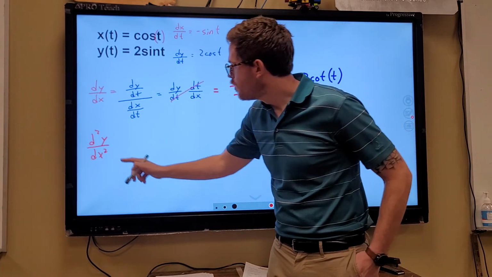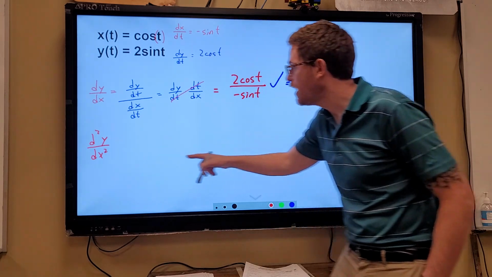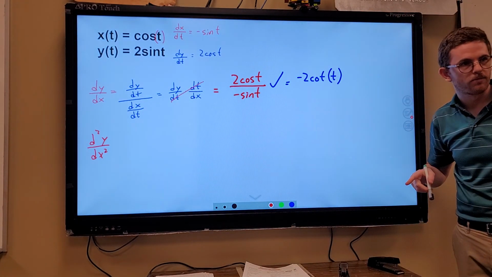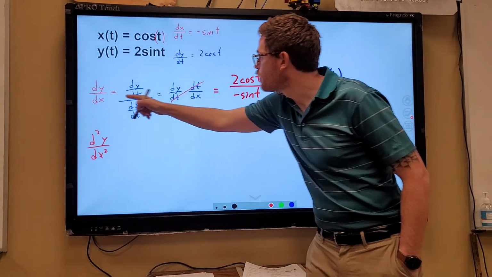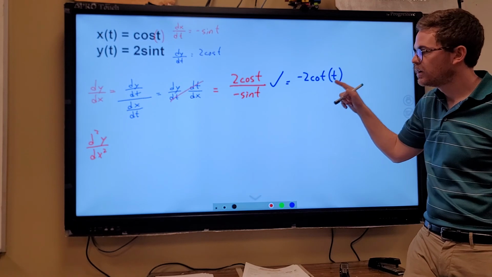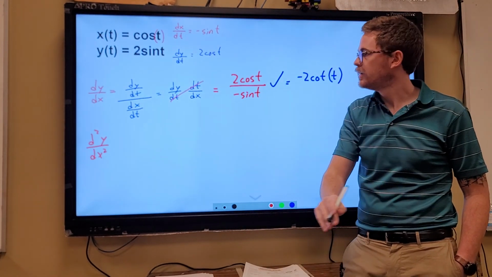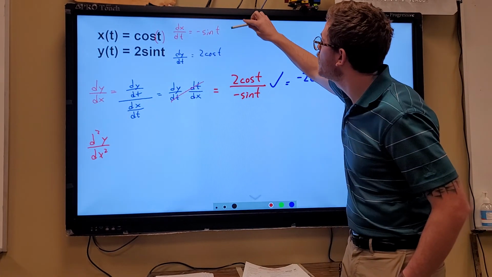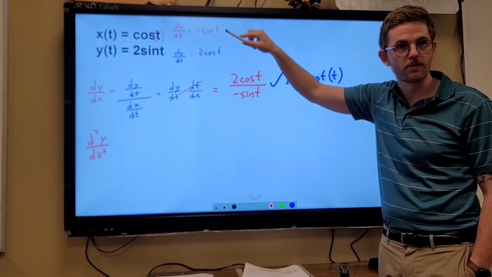So the second derivative of y with respect to x is not as simple as just taking the derivative of this again. We have the first derivative of y with respect to x. Well, the better way to put that is, this is not the same thing as taking the second derivative of each of these individually. That's really what I'm trying to say.